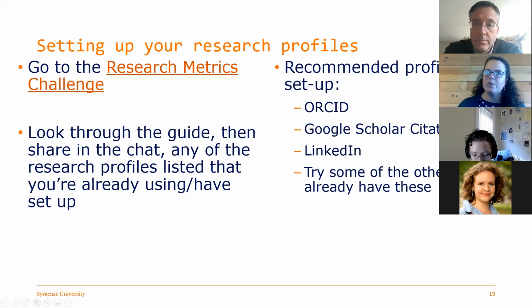There's a section called the Research Metrics Challenge, and we outline things like ORCID, Google Scholar, citations, LinkedIn, and how to add those publications to your LinkedIn profile. I'm running out of time a little bit, and I was hoping we'd have time to do that in the session today, but I highly encourage you to go back and do that after today. It's all outlined there for you, exactly how you should update these profiles and set them up, okay?